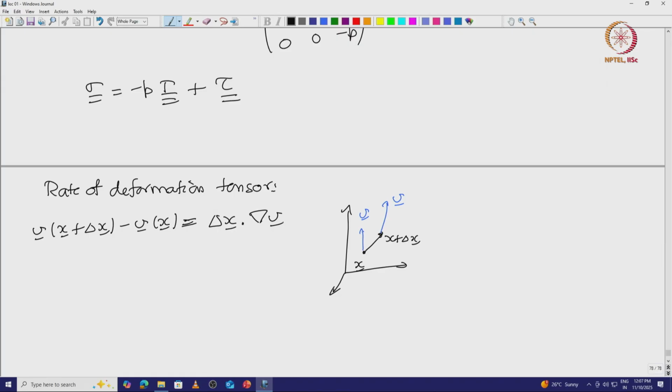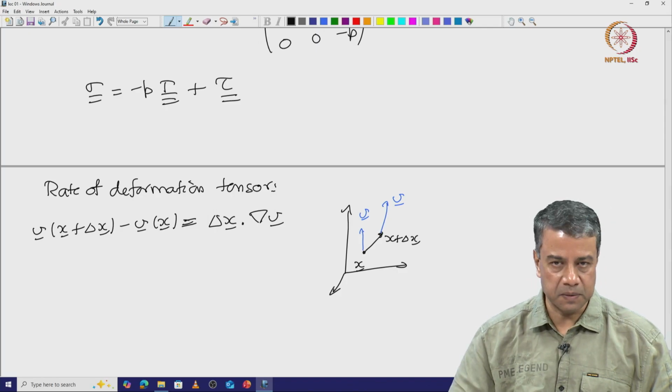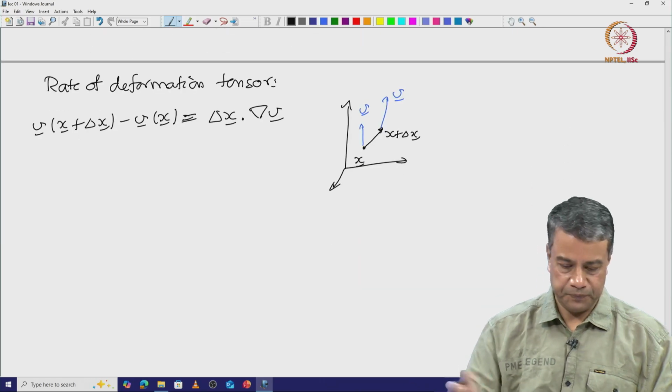Definition of the gradient: velocity is a vector, it is not a scalar like it was in the concentration and temperature equations.